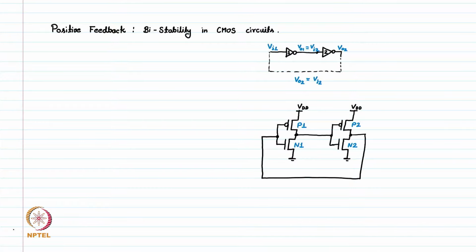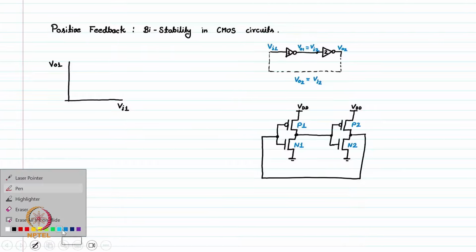Now let's analyze the first inverter. For the first inverter, we have discussed the voltage transfer characteristics or VTC, which is nothing but V output 1 versus V input of 1, and we saw that VTC a few lectures back.